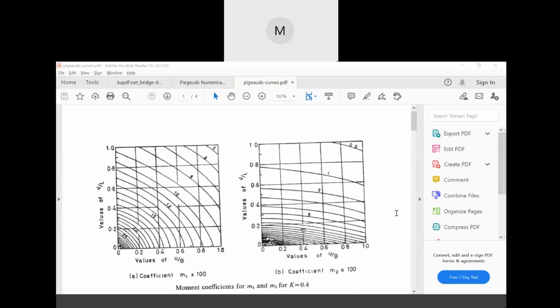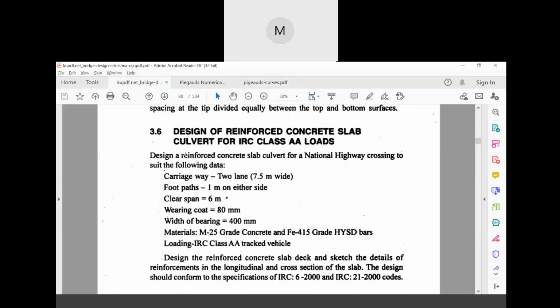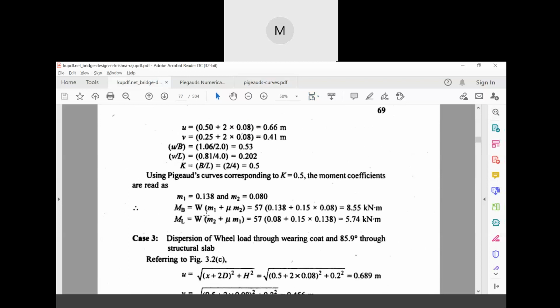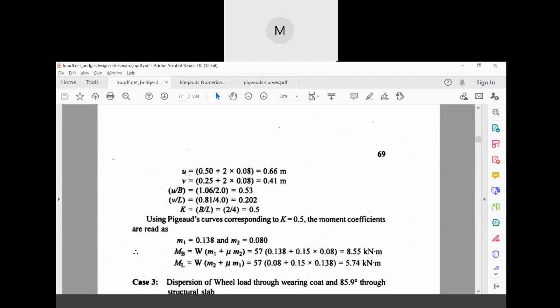Let's see. So if you open your Pigeaud's curve, look, we have to find out what in that question. We had to find out, first of all, u and v.